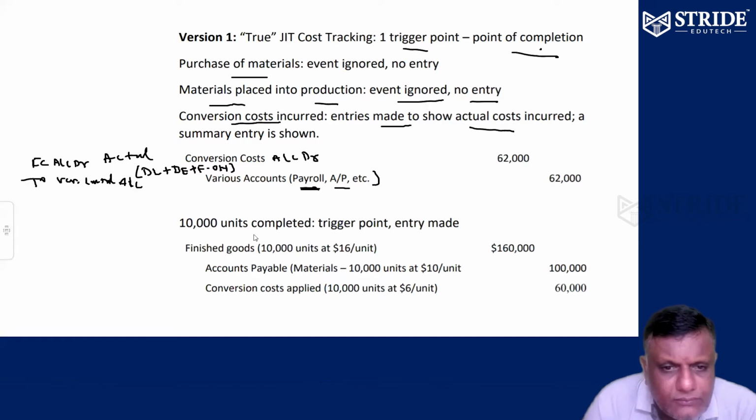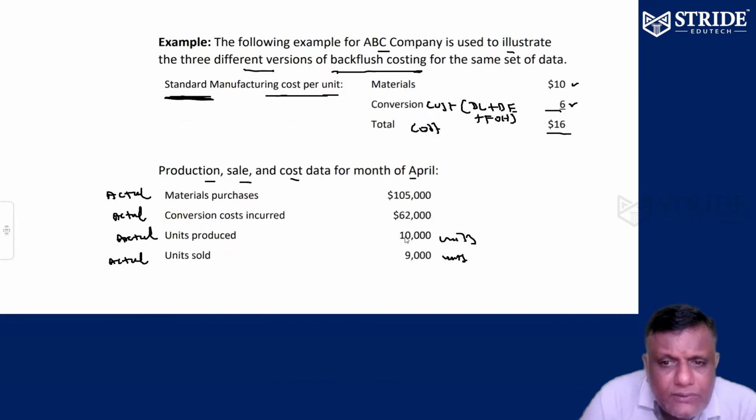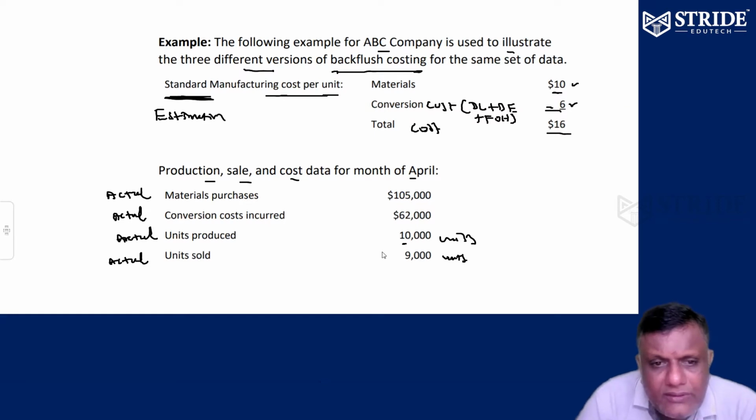Now 10,000 units completed. That is the trigger point. Material is $10 per unit, conversion $6. Standard means estimation. These are estimated costs per unit, not the 10,000 units' actual cost.